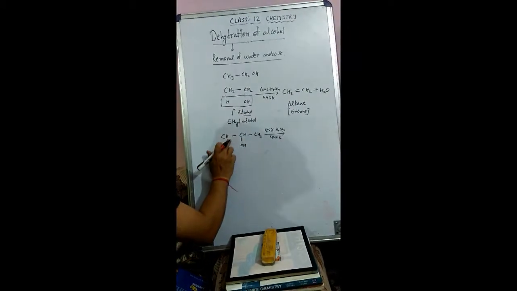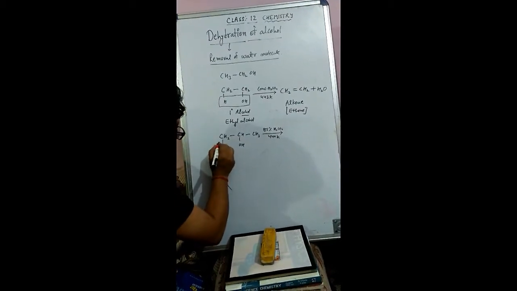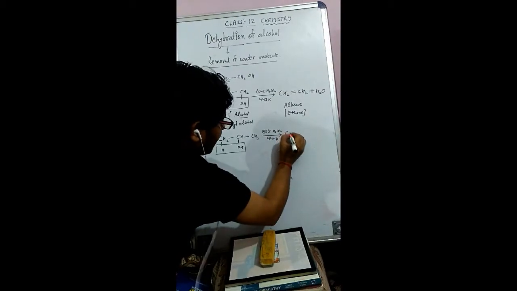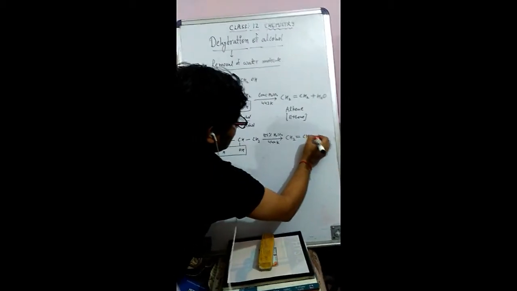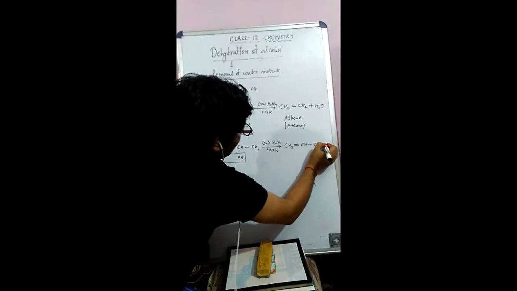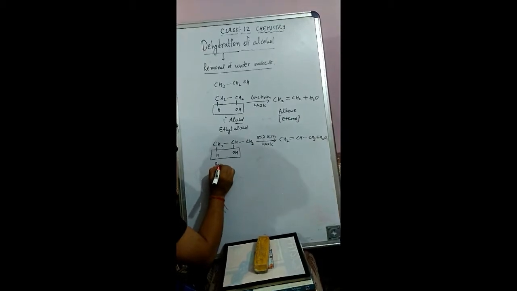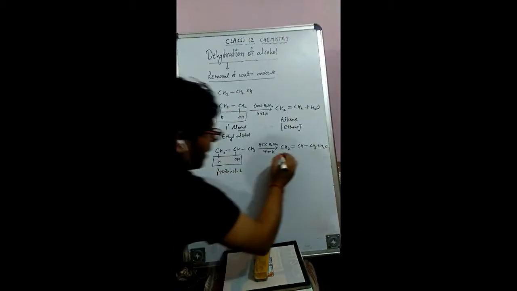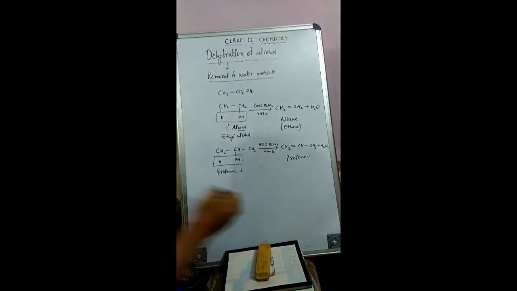I can write this as CH2 single bond H. Same, this H2O molecule is released from here, and we get CH2 double bond CH single bond CH3 with the elimination of a water molecule. This is propanol-2, and this is propene-1.